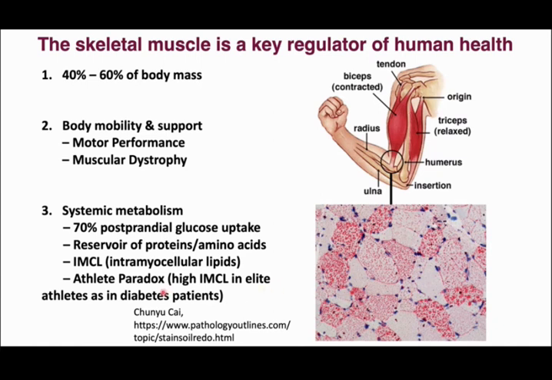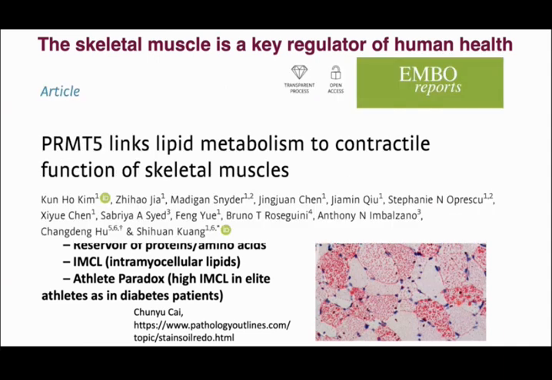So this is called a paradox, because both a very healthy muscle or a very sick diabetic muscle contain high lipid contents. This may be related to the role of these lipids, how the cell utilizes the lipids. So hopefully what I'm presenting today will help you understand a little bit of this. And actually, we have a recent publication, which I don't have time to present today.